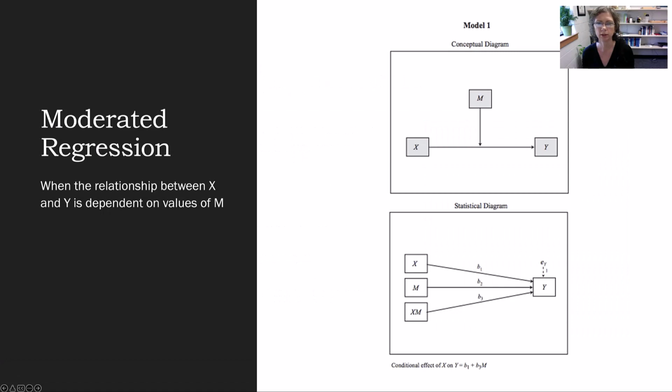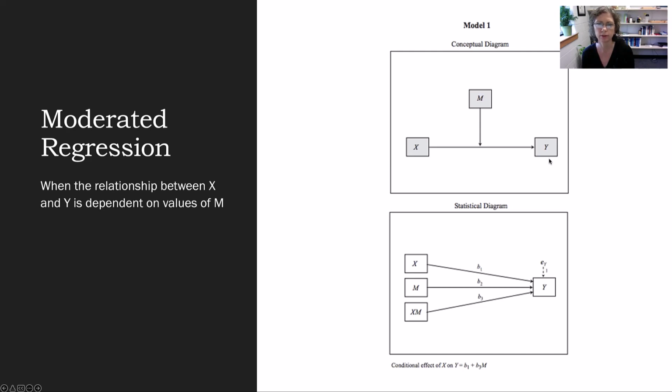So what this looks like conceptually in a diagram is that we're looking at the relationship between X and Y that is dependent on values of the moderator. So you could say if you had an outcome of, say, salary, what one's salary was, and maybe that is predicted by someone's self-esteem rating.